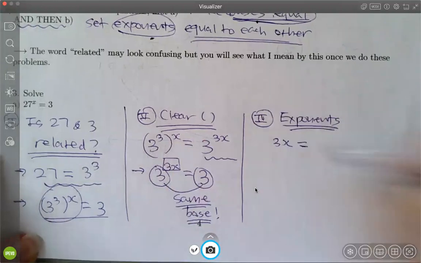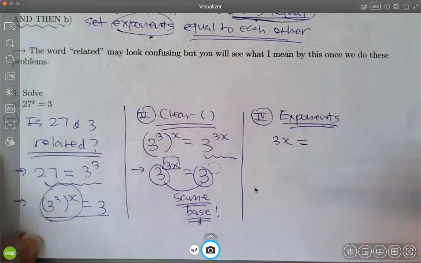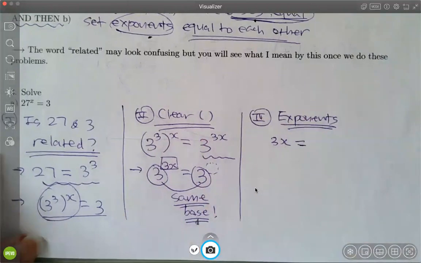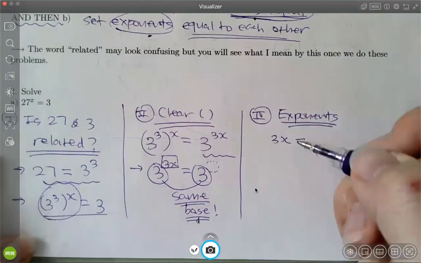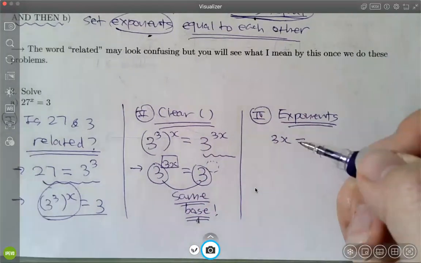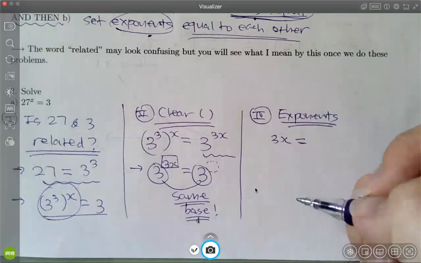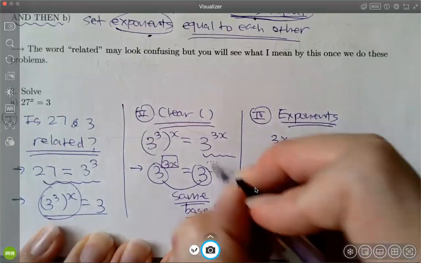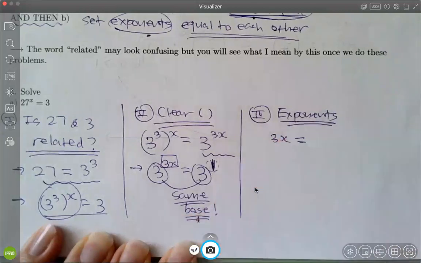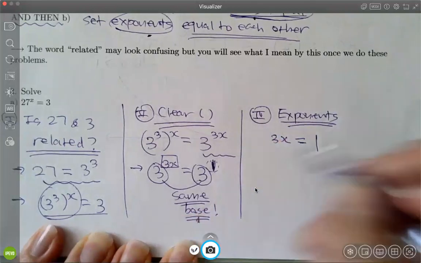But what is this exponent equal to? Is it 1? 1, yes. It's an invisible exponent, but it doesn't mean it's not there, right? It's 1. So 3x is equal to 1. So x is equal to 1/3.